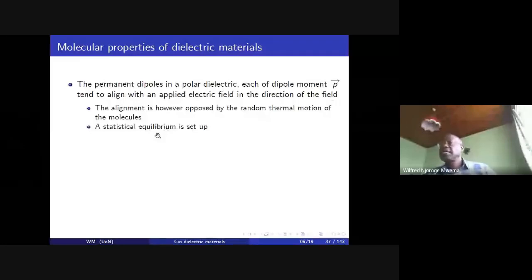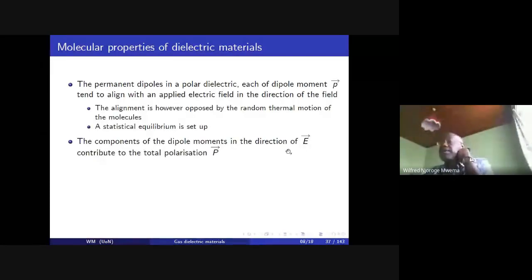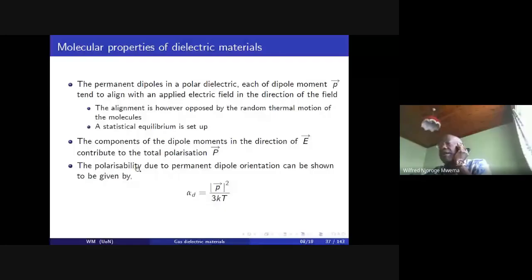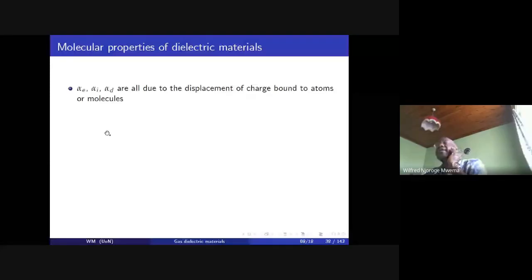A balance will be set up, giving a net polarization of the material in the direction of the field, which can then be shown to be given by alpha D equal to the modulus of the dipole moment squared divided by 3 times kT, where kT is the thermal energy with k the Boltzmann's constant, from the molecular theory or kinetic theory of gases.